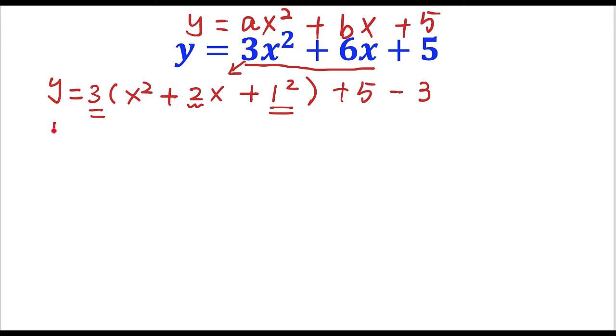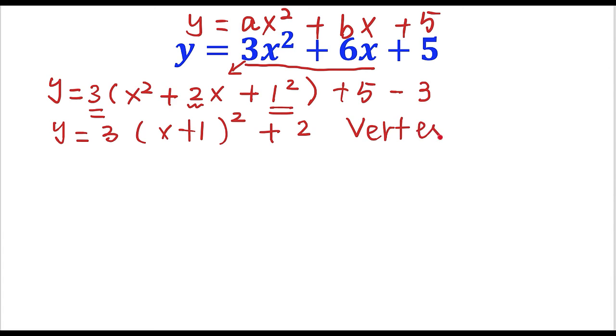Then we finish the completing the square: 3(x plus 1) squared. And then we use 5 minus 3, it's 2, so plus 2. So this is the vertex form. We changed that from standard form to vertex form already. So our vertex is (-1, 2).